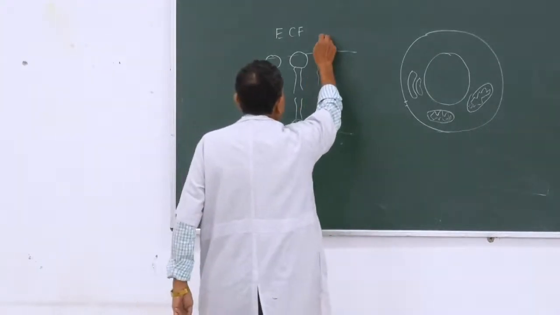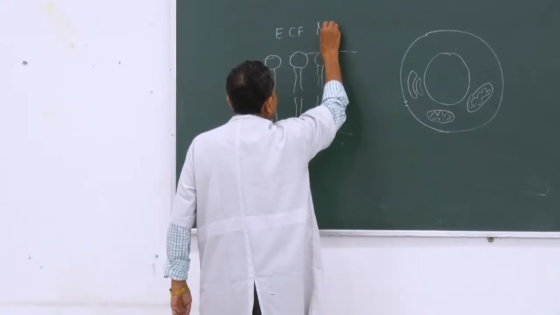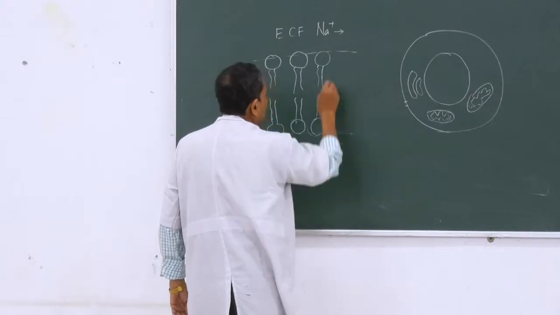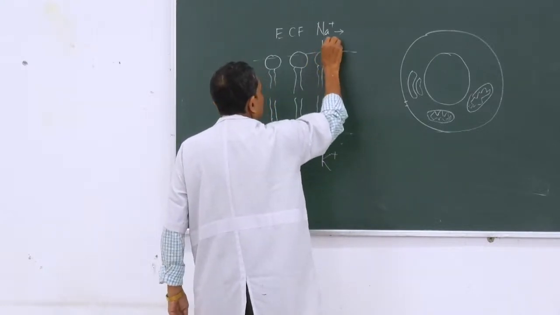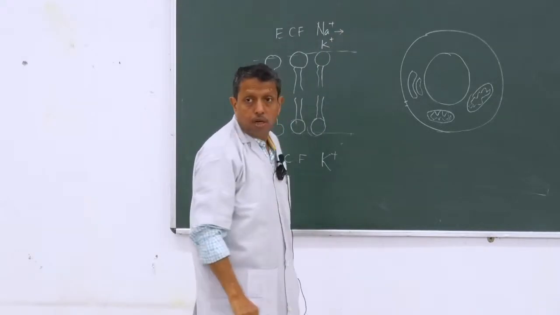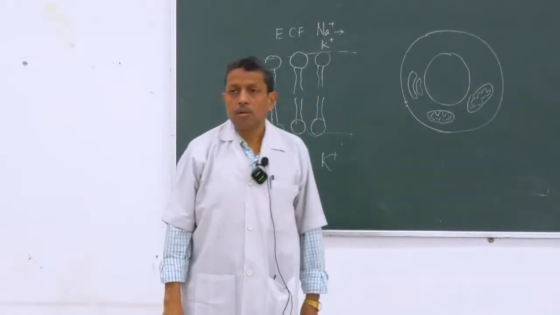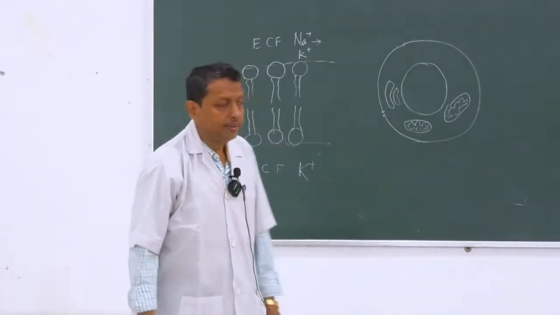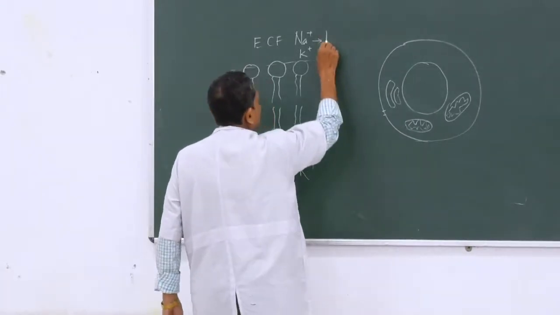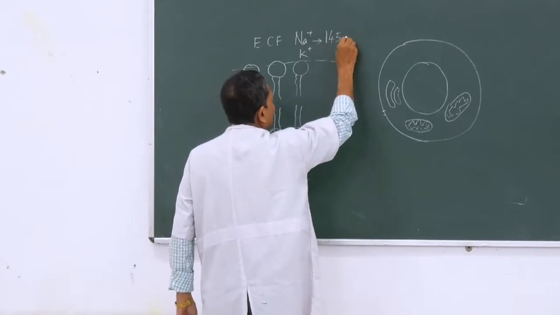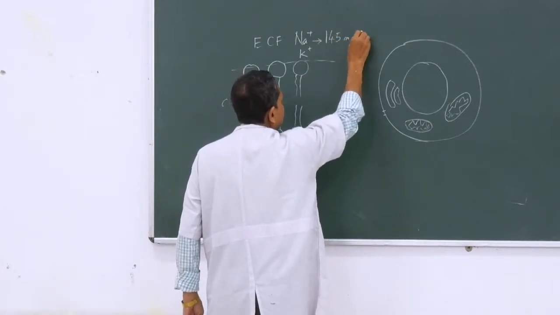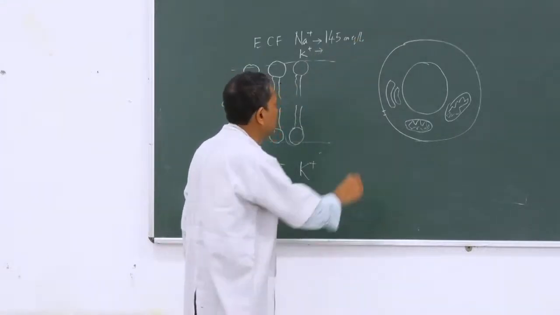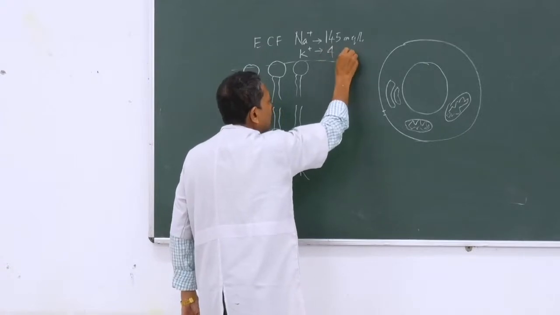The sodium concentration in the extracellular fluid is around 140 millimole or milliequivalent per liter, 145, whatever it may be, per liter. But the potassium concentration in the extracellular fluid is low, 4 milliequivalent per liter.